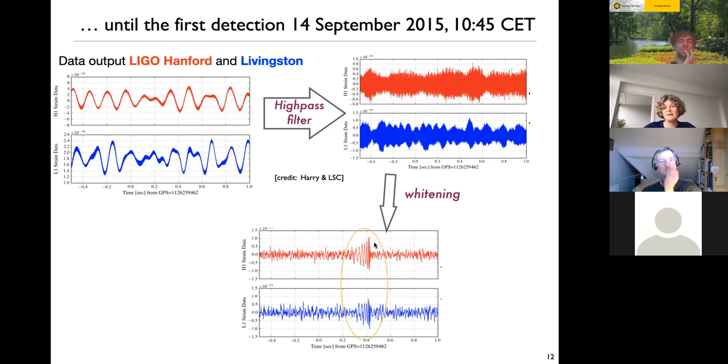And this you see circled in the lower plot here. And it's at the same time, and very similar signals in both detectors, even though they are separated by many thousands of kilometers. So that indicates it is probably a real gravitational wave signal from an astrophysical source.